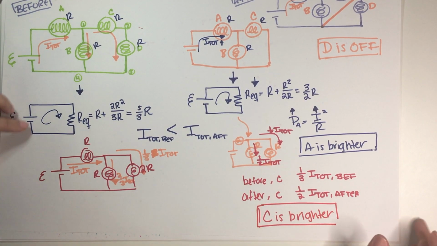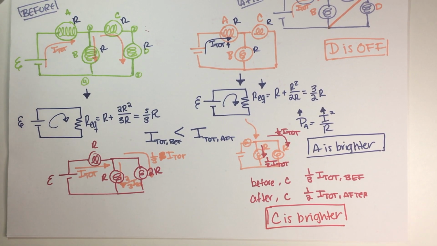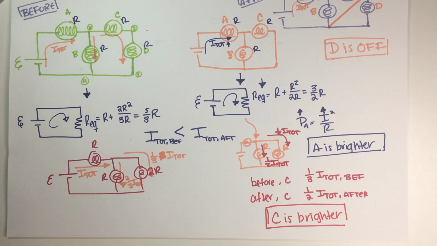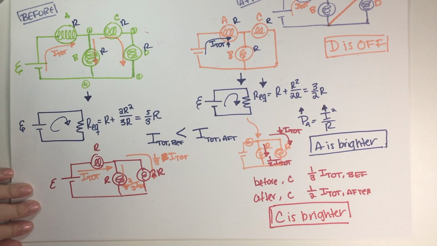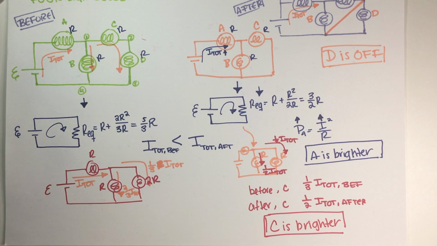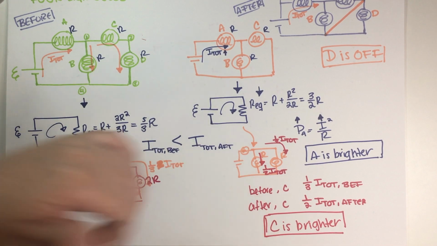So that is 3 out of 4, just by looking at the equations and just by looking at the circuits that we are comparing. Now we have to figure out what is going on with B. So B is definitely the reason why I decided that this problem is challenging, because before we used to have 2/3 of a current, now we have 50% but of a greater current.